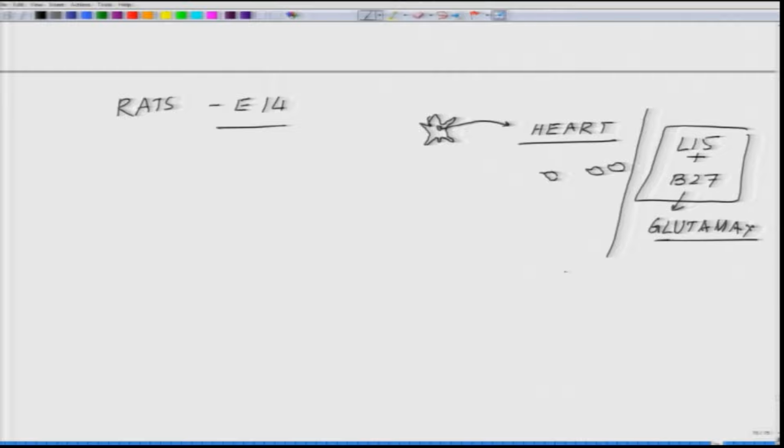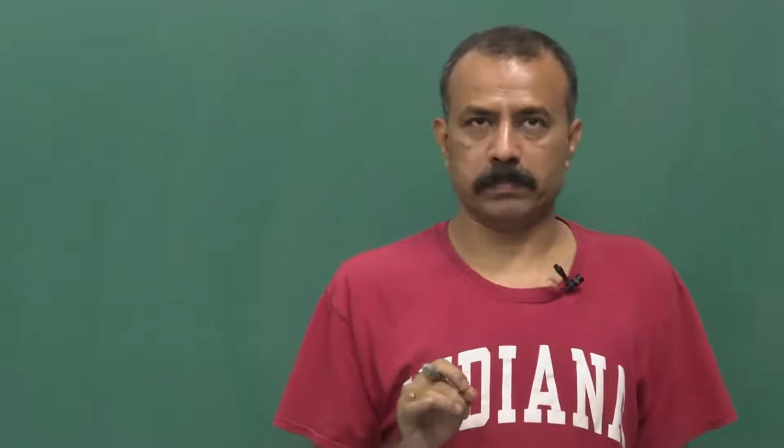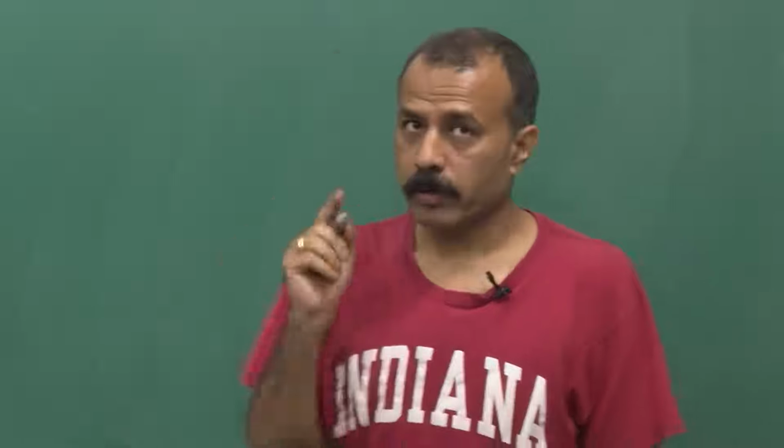So, you can isolate them in L15 medium, and this works. B27 is a neuronal factor, but we showed at one point that this supports cardiac growth crazily. Though it was made for neurons, it does some very interesting stuff.